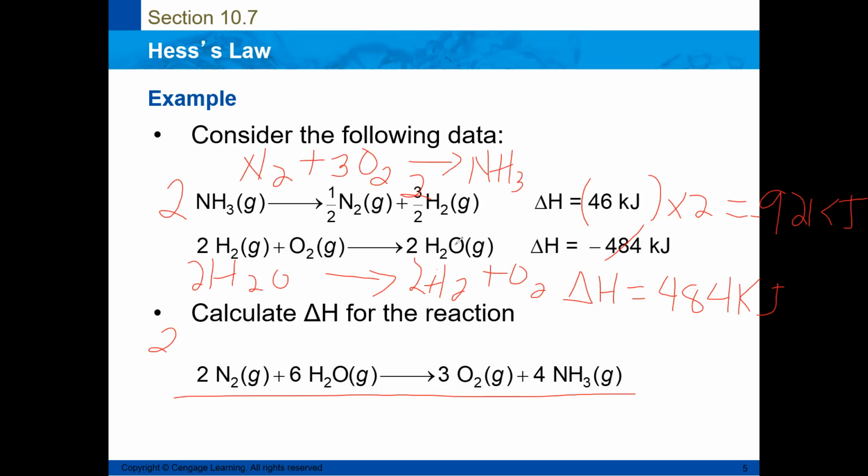Right? That's how it went. All right, so we multiplied it, but we also reversed it. So we multiplied it times 2, we got that part, but we also reversed it, so we need a negative. So when we add both of these, that reaction should be equal to that.